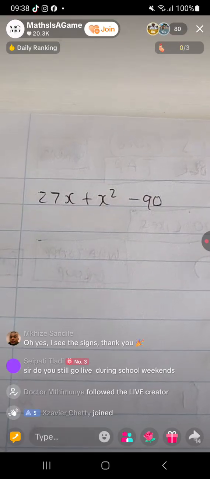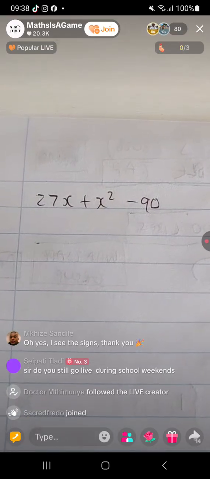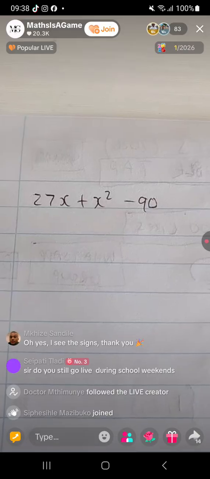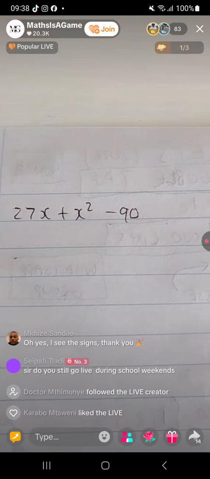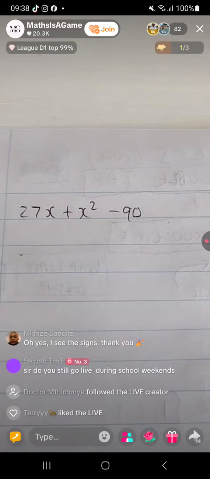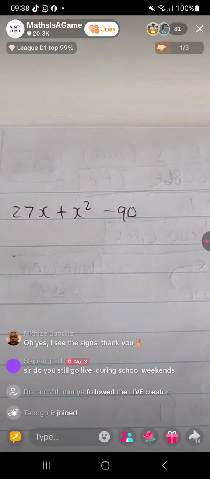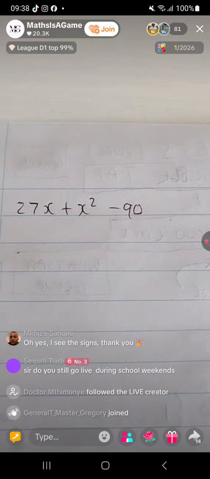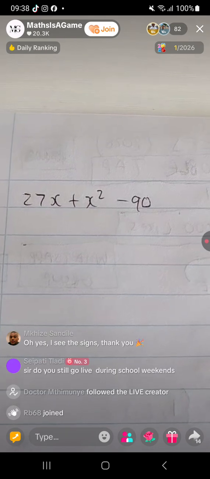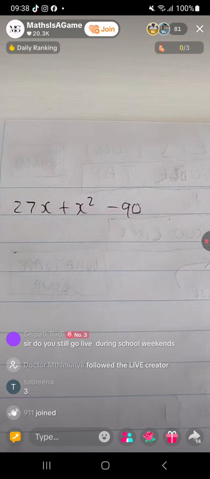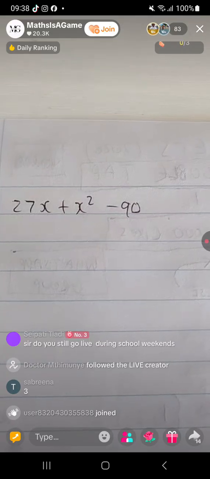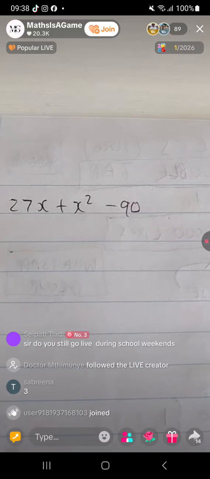Okay, I hope you guys can see that this problem, how many terms does it have? I hope you can see the number of terms in this particular problem. We need to factorize fully still. Yes, Sabrina, there are 3 terms.